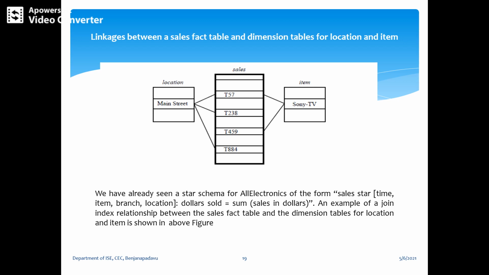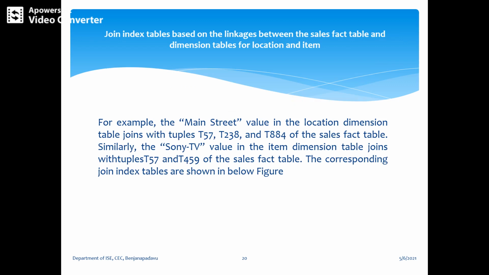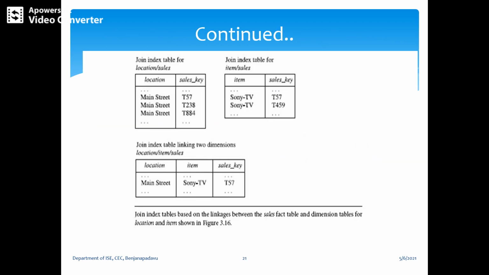So if you take the table in the next figure, we have included those notations in that table. Let us discuss the linkage. The first diagram shows the linkage between a sales fact table and the location and item dimension tables.